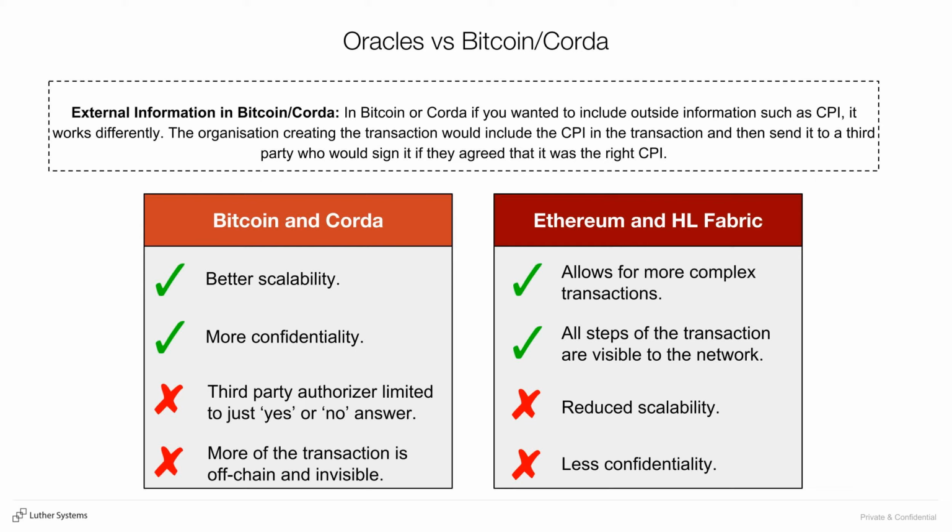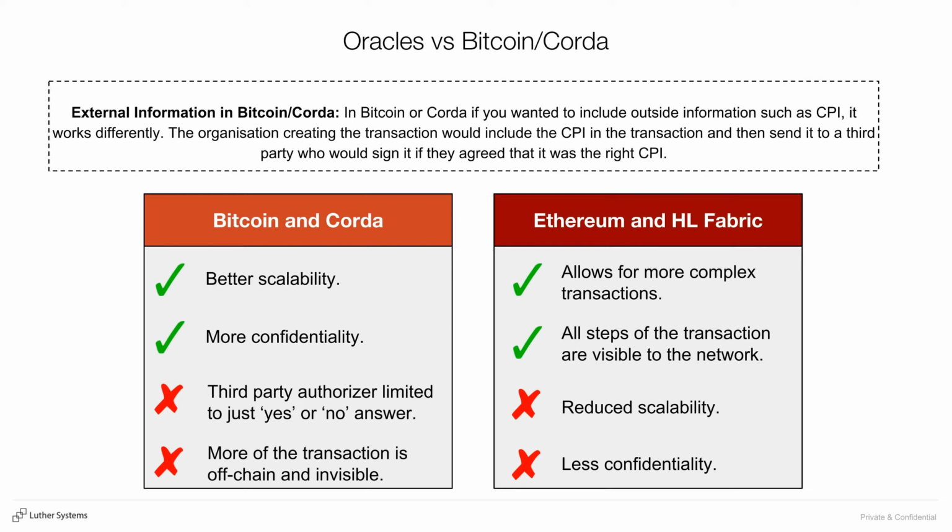Now, in the Bitcoin and Corda case, a majority of the execution and the data processing in your application is conducted off-chain, and on-chain you're just verifying that, let's say, these counterparties are in agreement at this point in time over something.